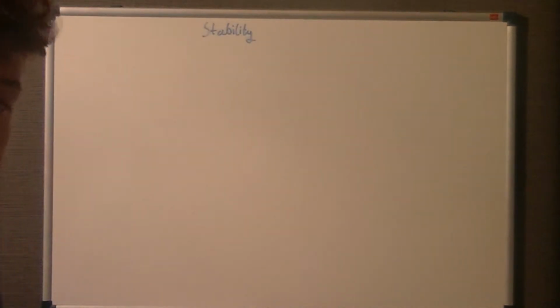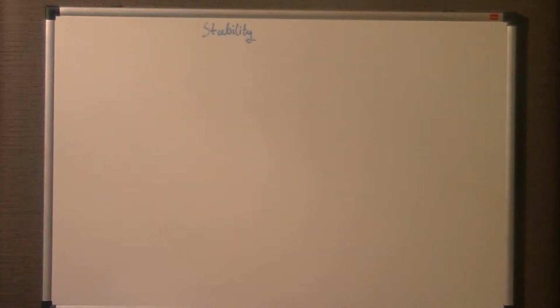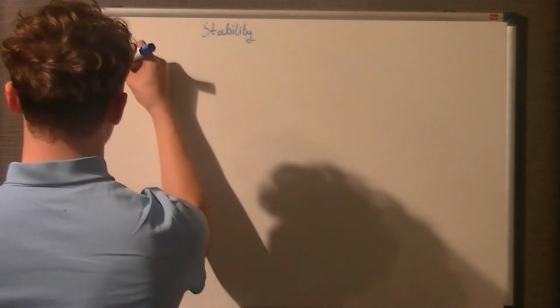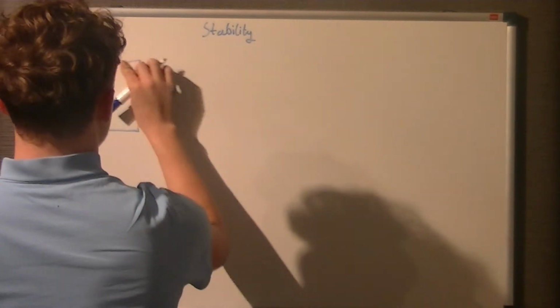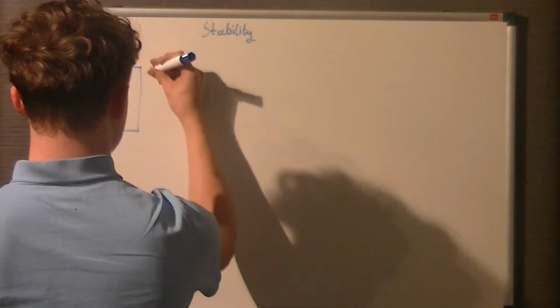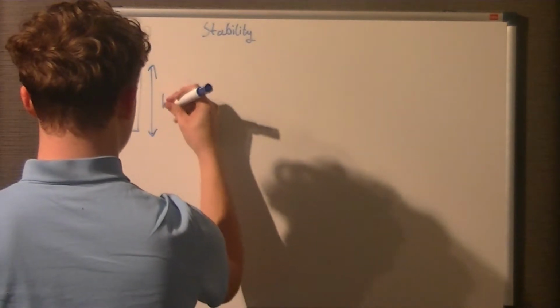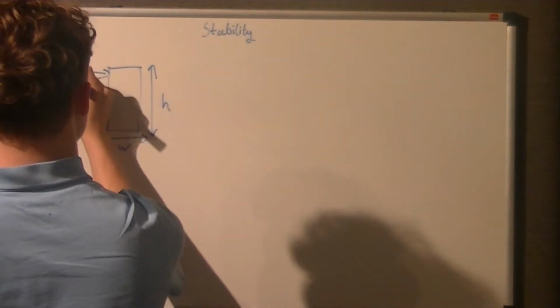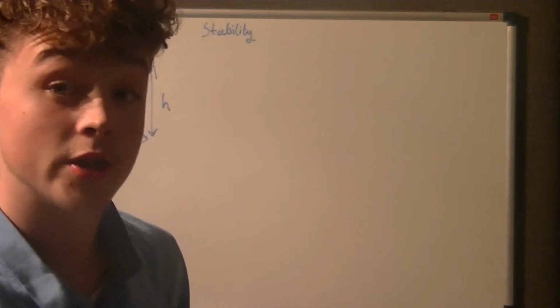So then we've got tilting and toppling. Tilting is just raising it up basically, and toppling is when it actually falls over. So let's say we've got a wardrobe. This is the height, H, and W is the weight, B is the base, and assume we're applying a force at the top.